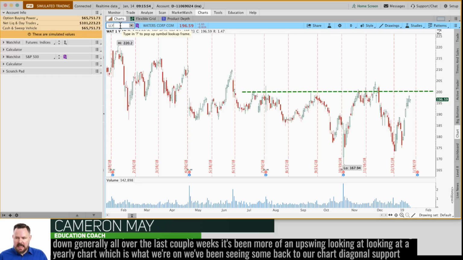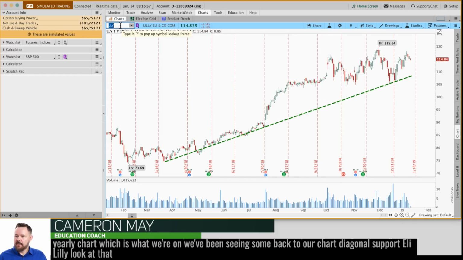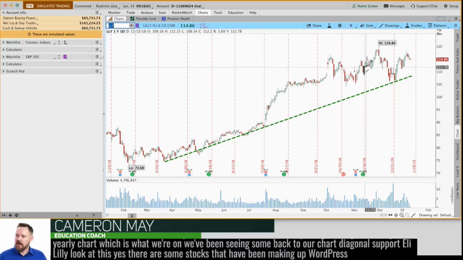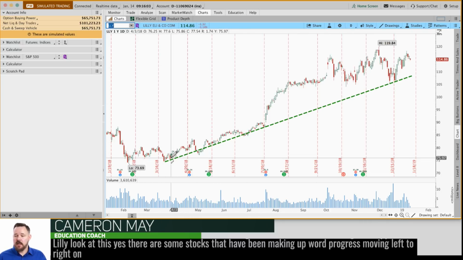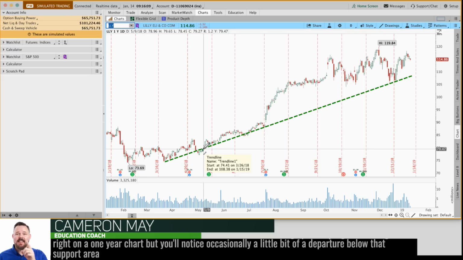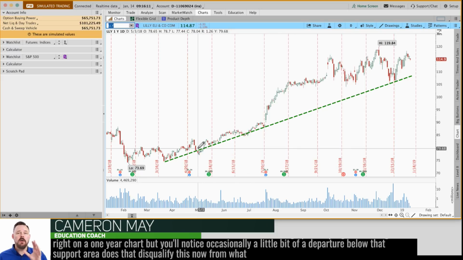Diagonal support, Eli Lilly. Look at this. Yes, there are some stocks that have been making upward progress, moving left to right on a one-year chart. But you'll notice occasionally a little bit of a departure below that support area. Does that disqualify this now from what you know as a valid support area?